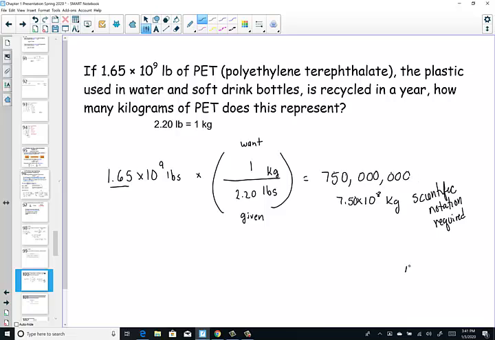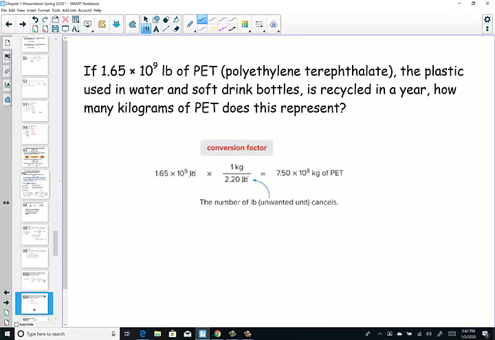So the only way around reporting just 3 sig figs is to report with scientific notation. 7.50 gives us 3 sig figs. The times 10 to the 8th power tells us how many zeros are after that. Good work, we've got it.